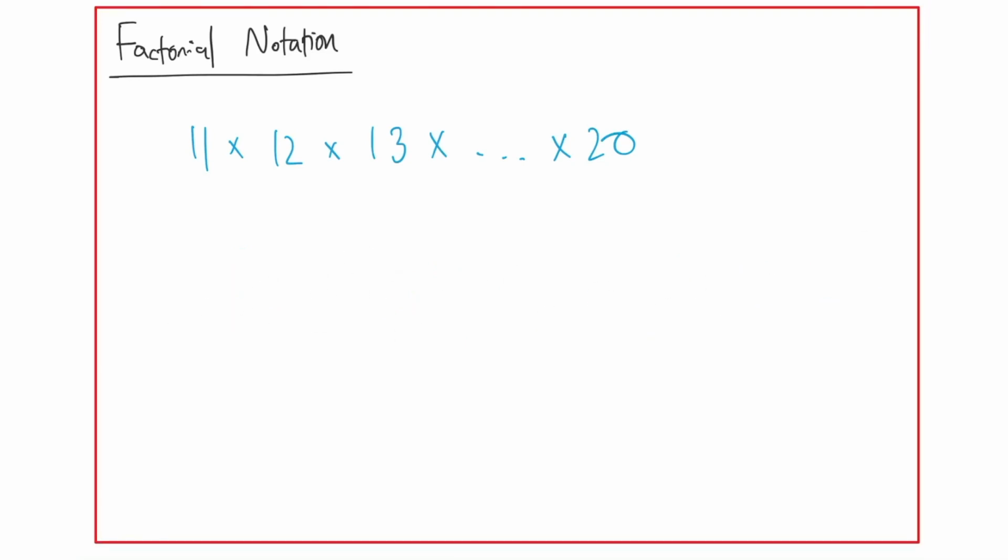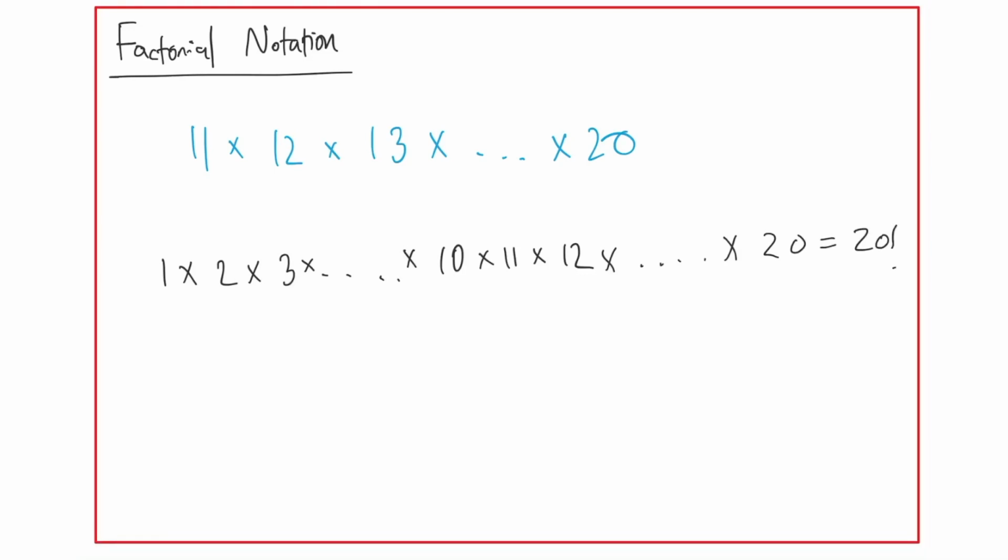Let's write that out. 20 factorial is 1 times 2 times 3 dot dot dot times 10 times 11 times 12 dot dot dot times 20. I'm obviously not going to write it all out.